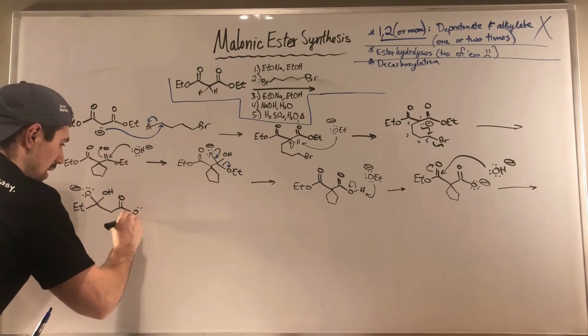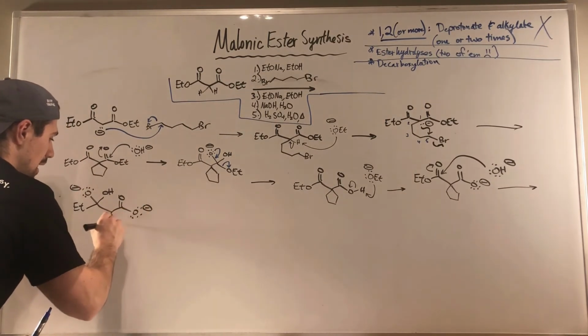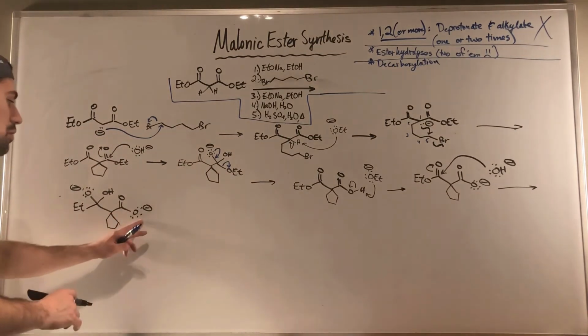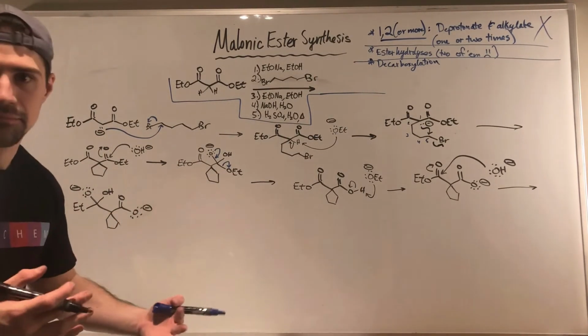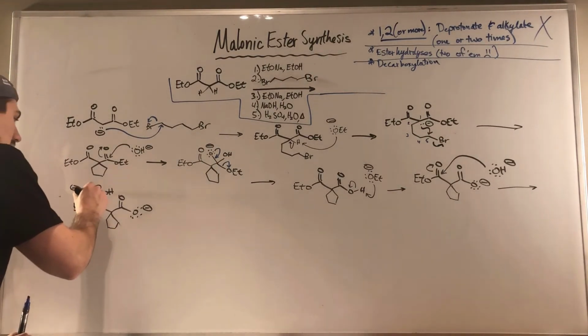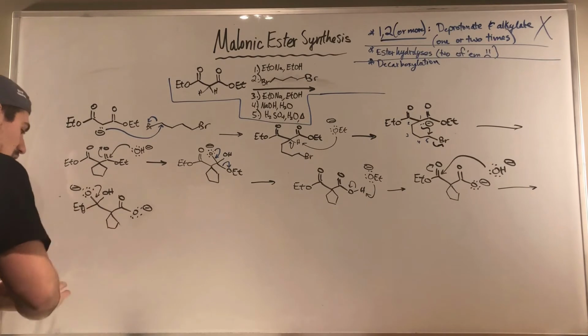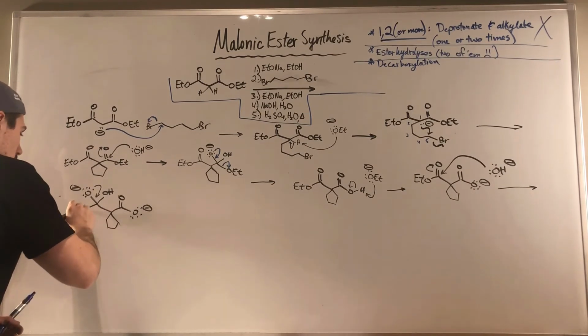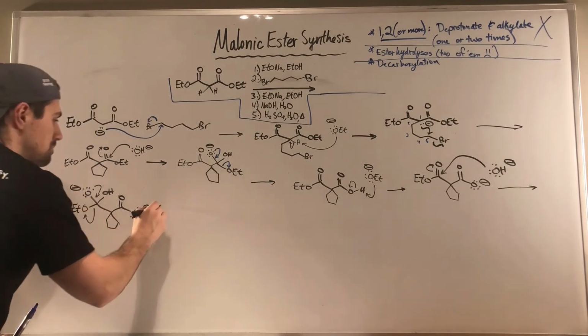O minus, that's a carboxylate. And we got a ring. And if you're wondering, could I be drawing a sodium here to balance this out? The answer is yes, but I'm lazy. Remember, tetrahedral intermediate collapses. Oh, and I forgot this. That was not just an Et, that was an OEt, because we're going to kick it off now.